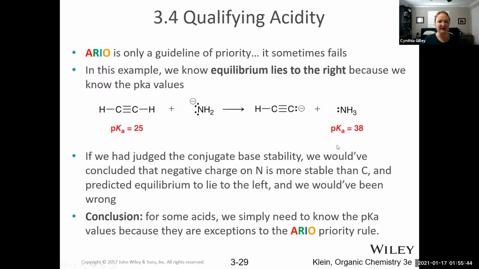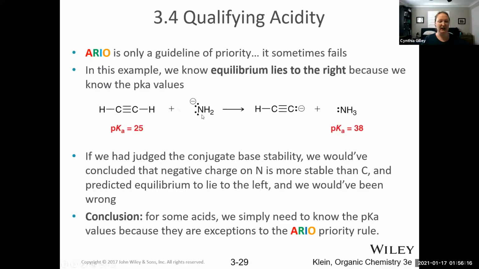That's just because with a small difference in electronegativity between nitrogen and carbon, it's not as dominant a factor in this particular case as the difference in the orbital. This lone pair is sp3, and this one would be an sp hybridized orbital. So in this case, the orbital is actually a more dominant factor than the atom, just because nitrogen versus carbon is not a large difference in electronegativity.